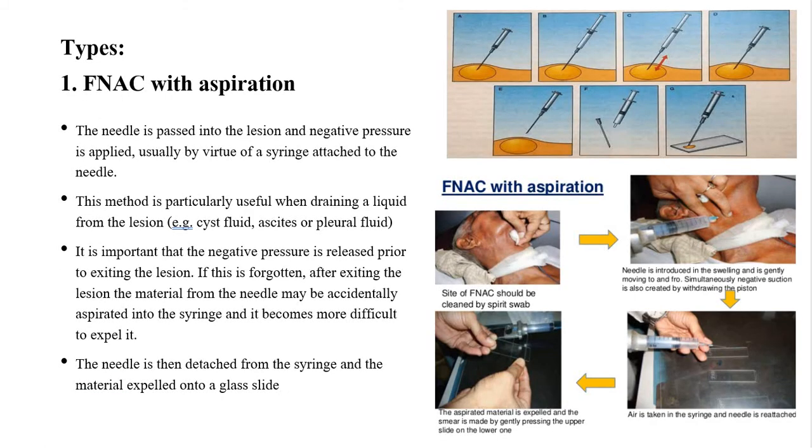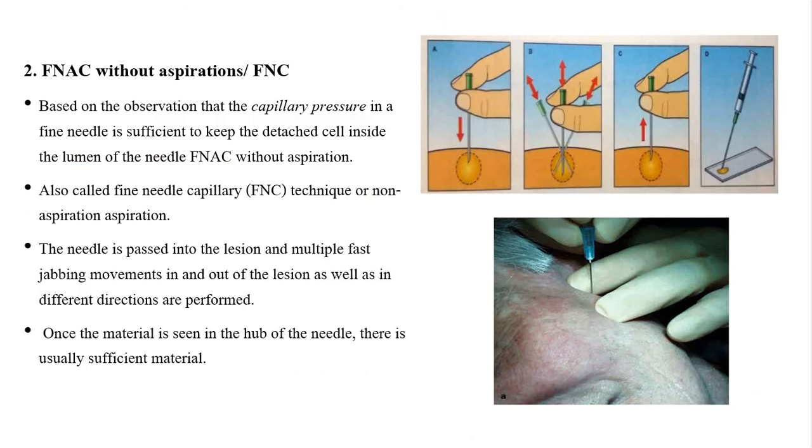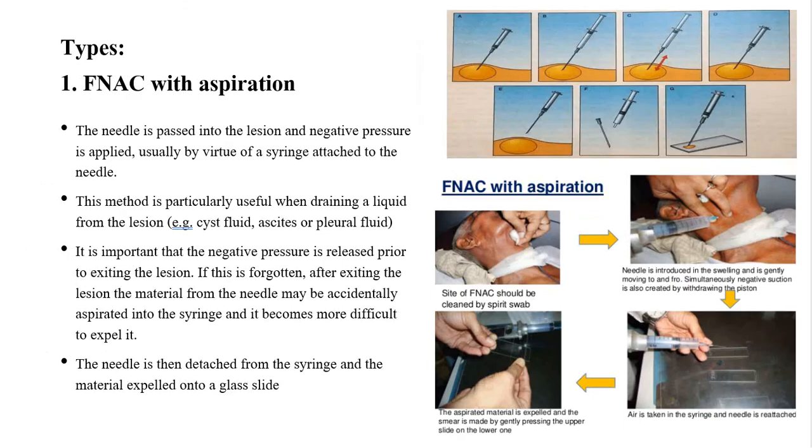Types of FNAC: FNAC with aspiration and the second one is FNAC without aspiration. So in FNAC with aspiration, the needle is passed into the lesion and negative pressure is applied, usually by virtue of a syringe attached to the needle. This method is particularly useful when draining a liquid from the lesion, like in case of a cystic fluid, ascites or pleural fluid.